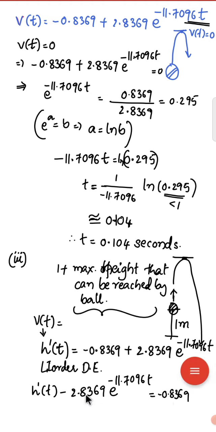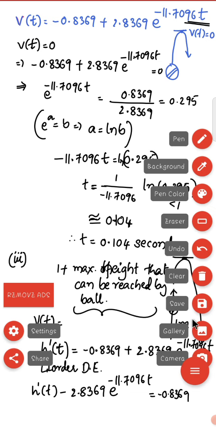Okay, so this is how. Now we try to find the integrating factor and all.